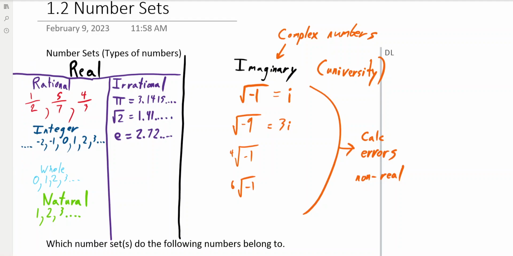Okay, and notice that a rational number could also be like a fraction, could also just be like a straight up number. So it could be like 2/1, which is just 2, right? So that certainly counts as well.